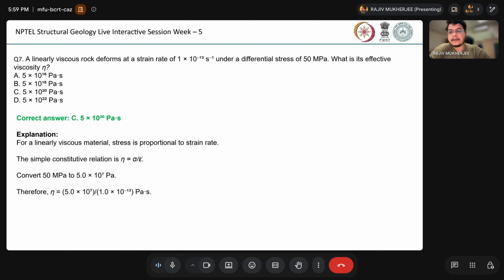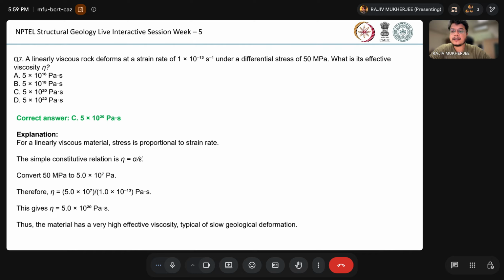and then we simply put the value, right? We have been given the strain rate of 10 to the power minus 13, and so with this stress, that gives us the viscosity of 5 times 10 to the power 20 pascal second, right?